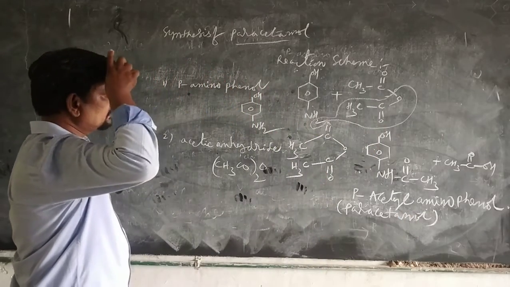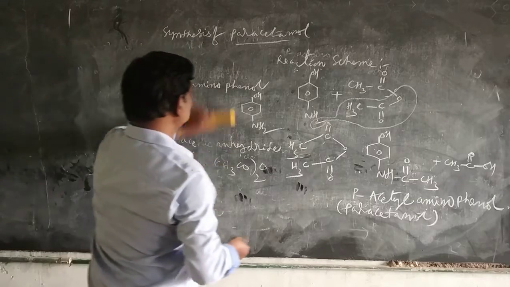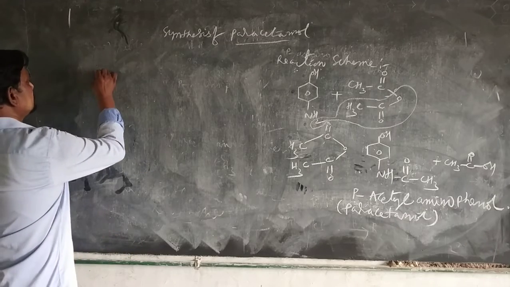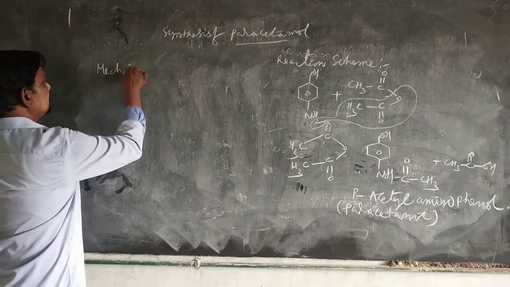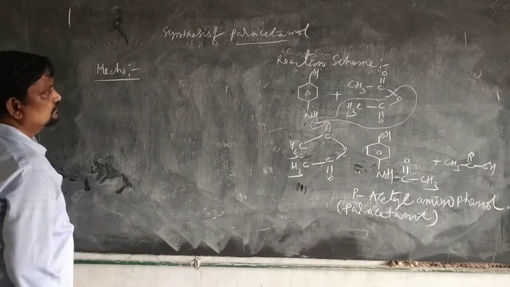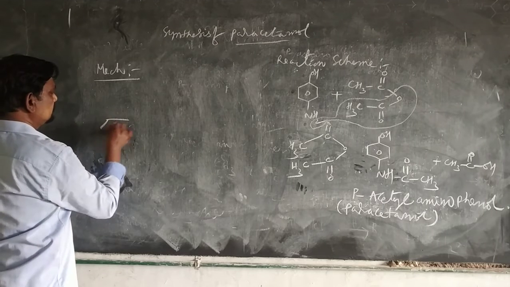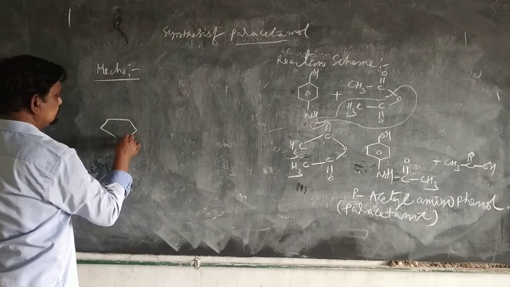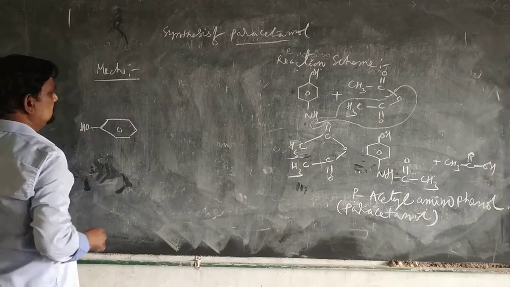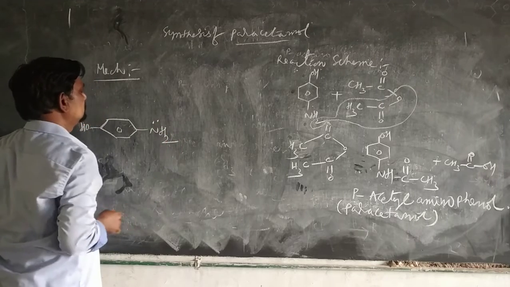So what is the mechanism inside the reaction? Para-aminophenol: a benzene ring with an OH group and, at the para position, an amino group.